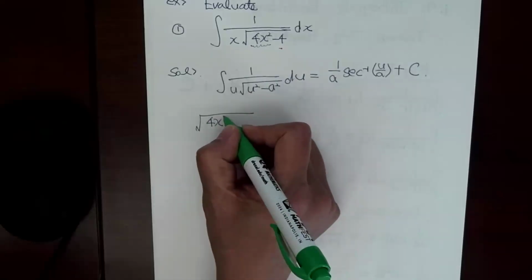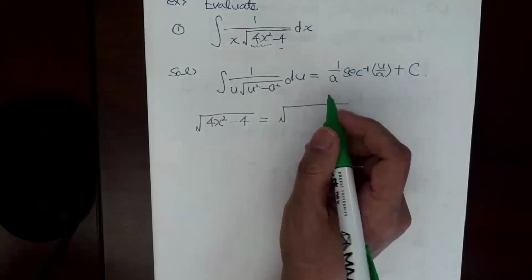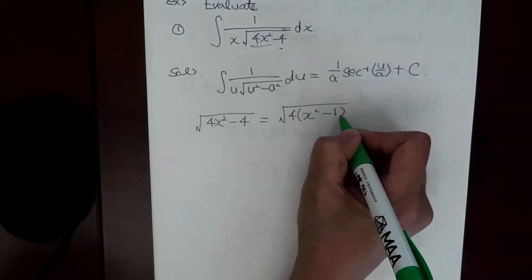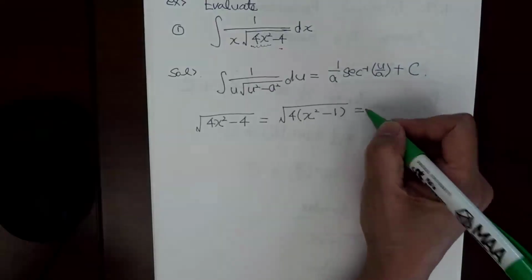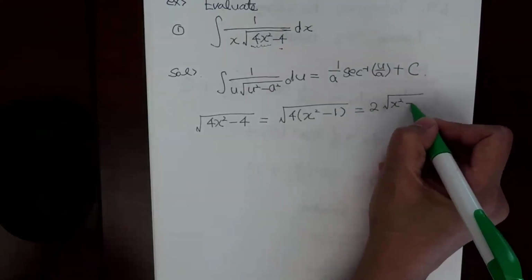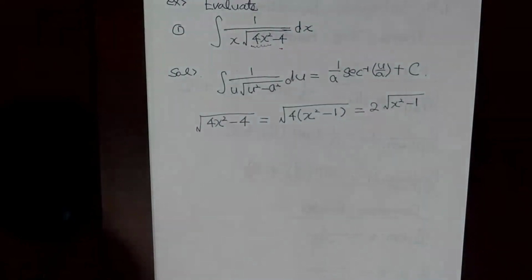Square root of 4x squared minus 4 is square root of 4 times open parenthesis x squared minus 1. So that is square root of 4, which is 2, times square root of x squared minus 1. So that's exactly this pattern.